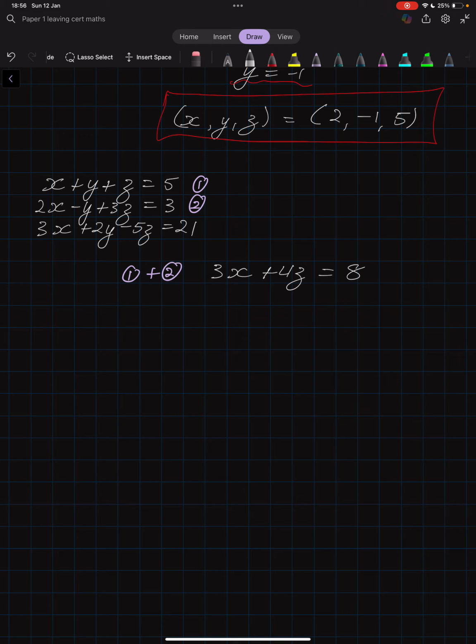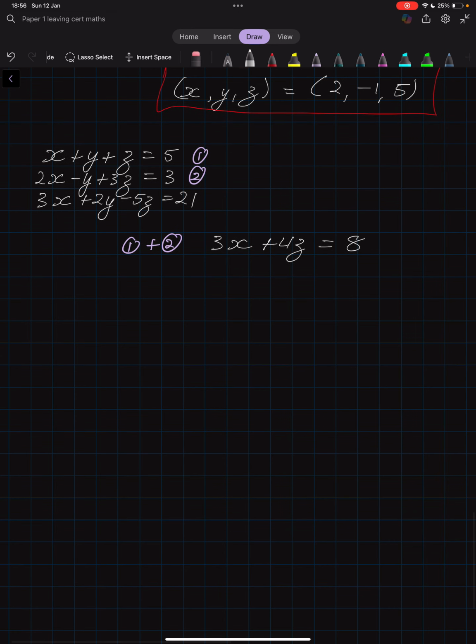So now, call this equation 3. This is 2y's. So what I can do is I can do equation 3 plus 2 times equation 2. Okay?